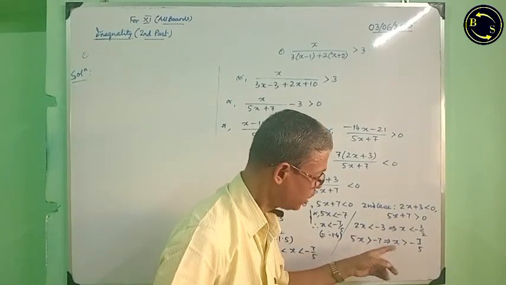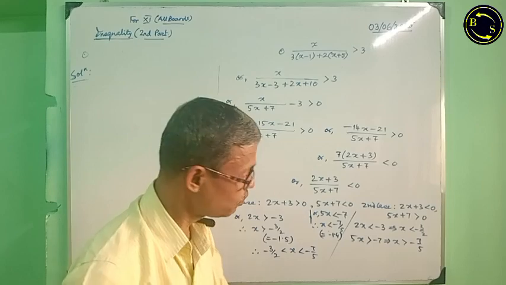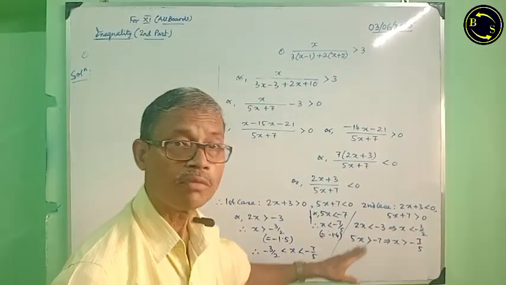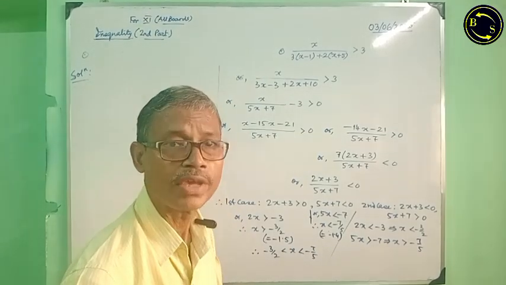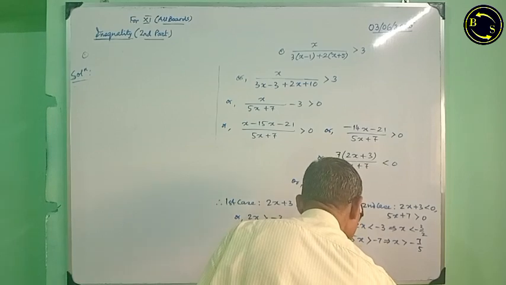Now you cannot find an x which will satisfy both these two. Therefore, from this one we are not getting any value of x. That means this is impossible.